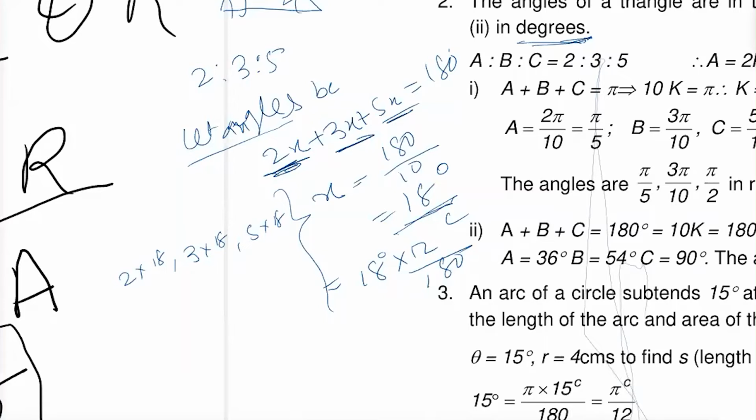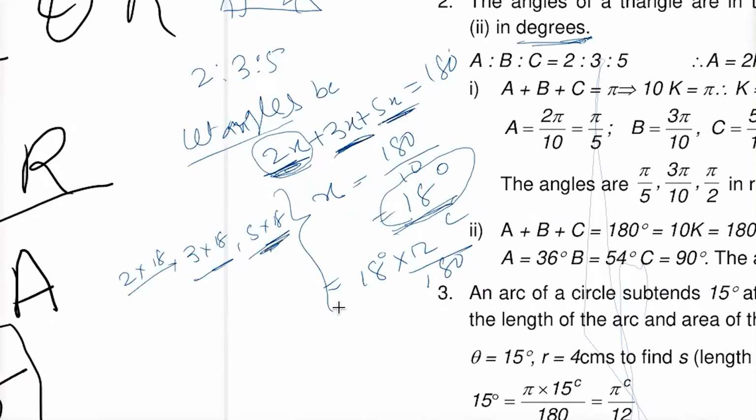I guess he's asking that we multiply 2 into 18. Yeah, 2 into 18. We assumed that these values are 2x, 3x and 5x. So if we got x equal to 18 degree, then we have to get the original values: 2x means 2 into 18, 3x means 3 into 18, 5x means 5 into 18.